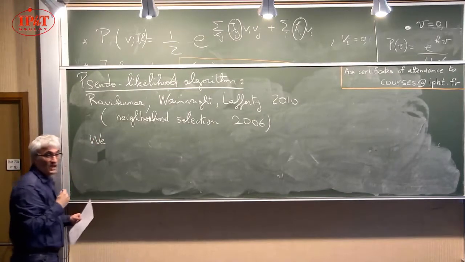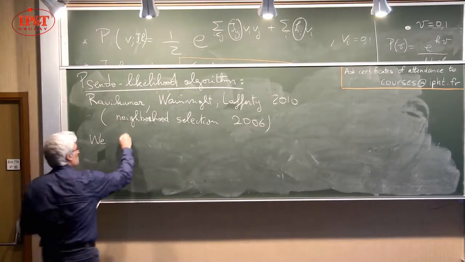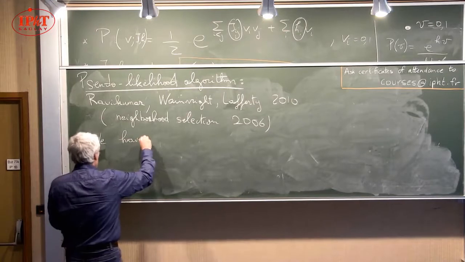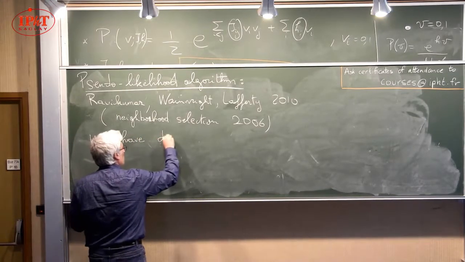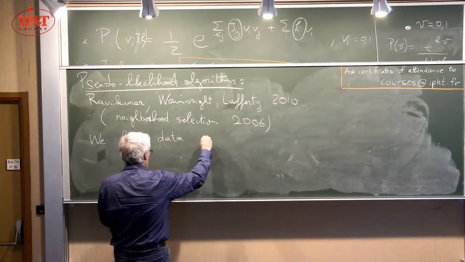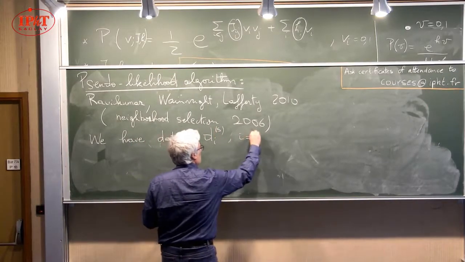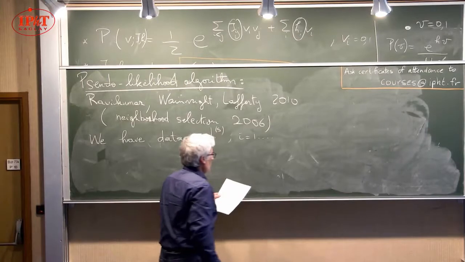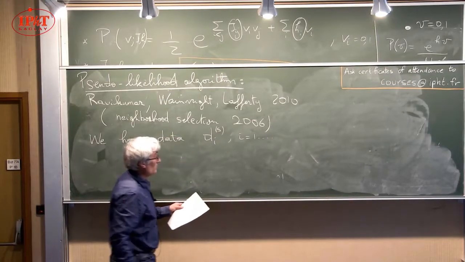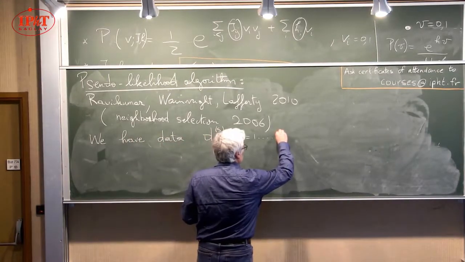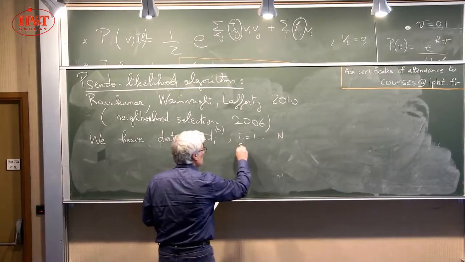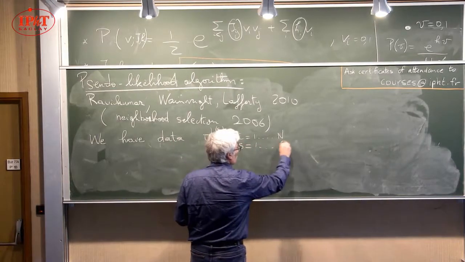Again, I am assuming I have some configuration of the data. So we have data, and the data configuration I will call d_i^s, where i is the index of the spin variable, which runs from 1 to n here, and s is the index of the samples, which runs from 1 to p.